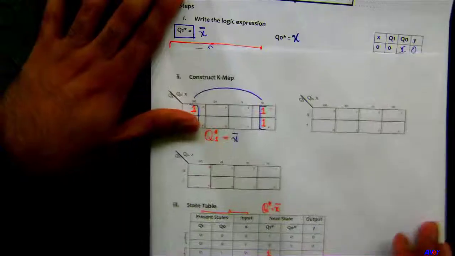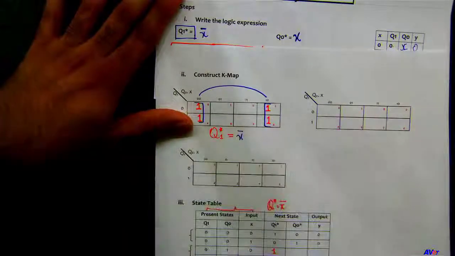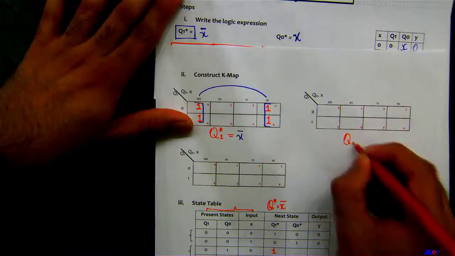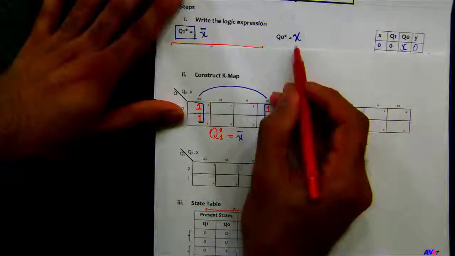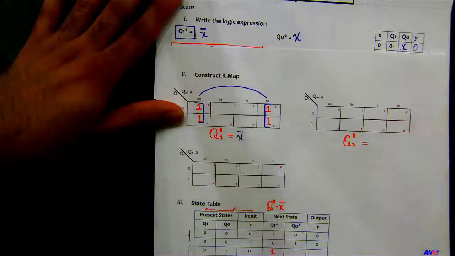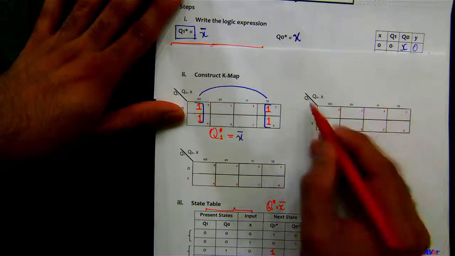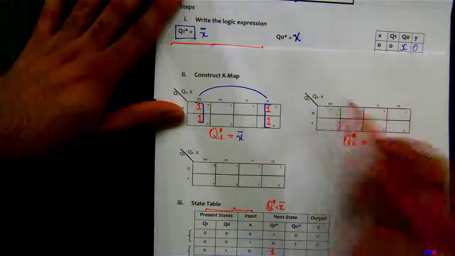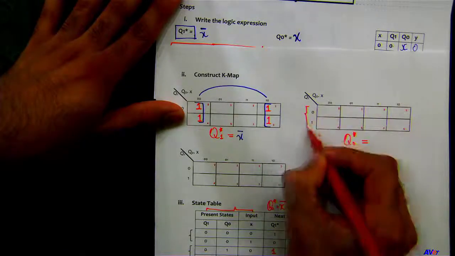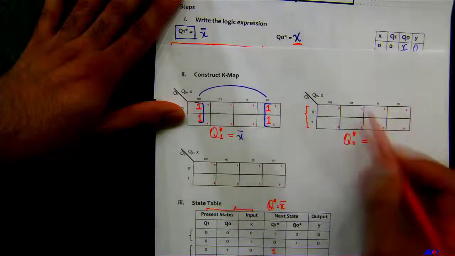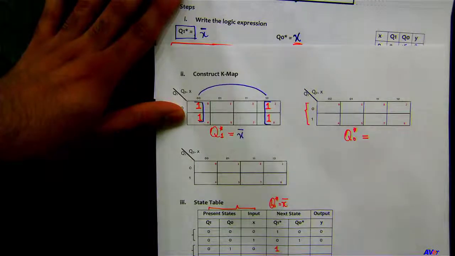So let's say this is going to be Q naught, the next term for the flip-flop 0. Okay? And you have this expression X. Okay? So notice it's going to be a vertical pair, because you really can't find a common here. And it is X, so where should the minterms be? Yes, guys.